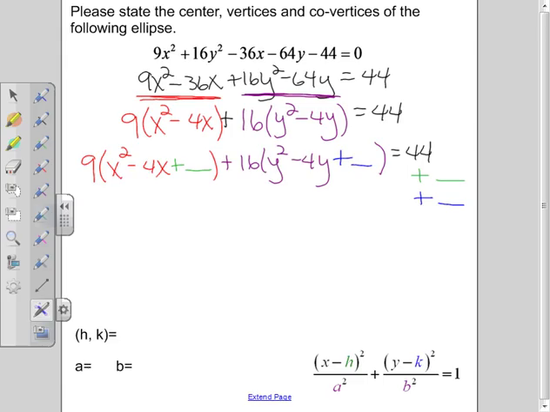Well, to do that, the trick is pretty simple. I take the middle term, cut it in half, and then raise it to the second power. So when I do that, I'm going to cut the negative 4 in half, get negative 2, and then I'm going to add 4. Okay?